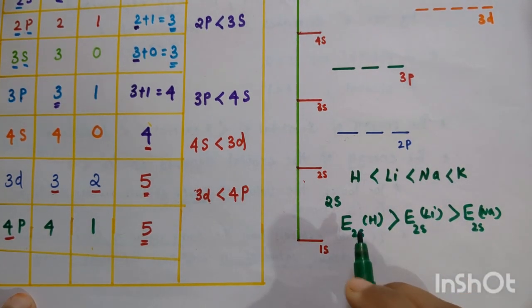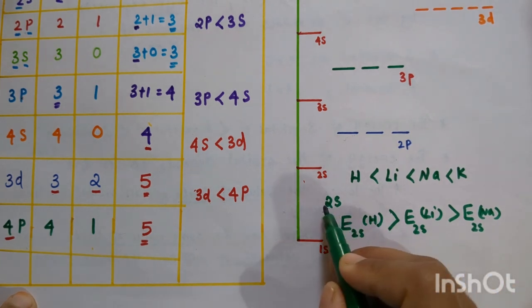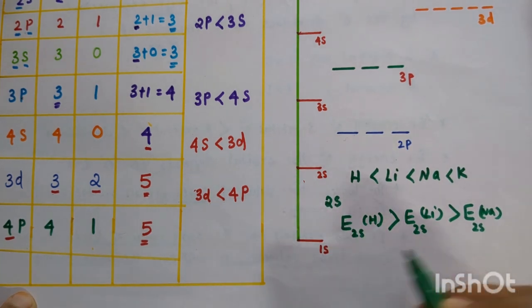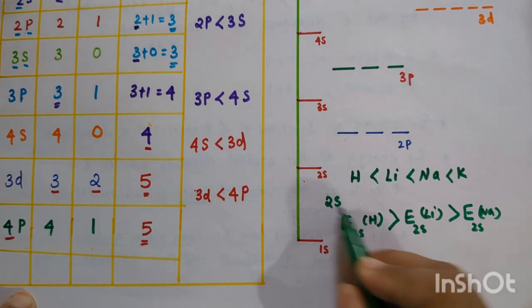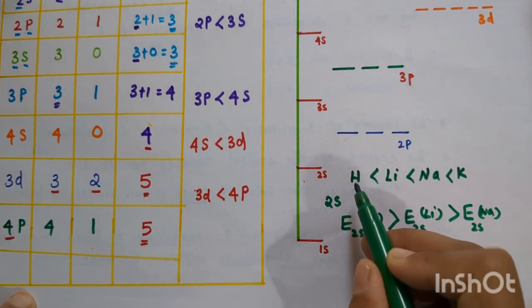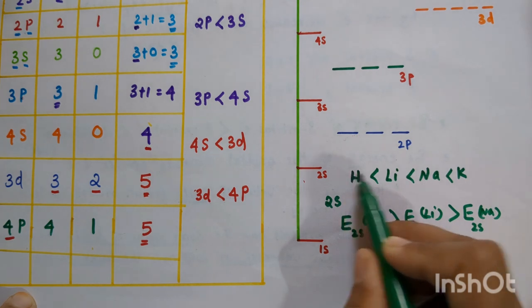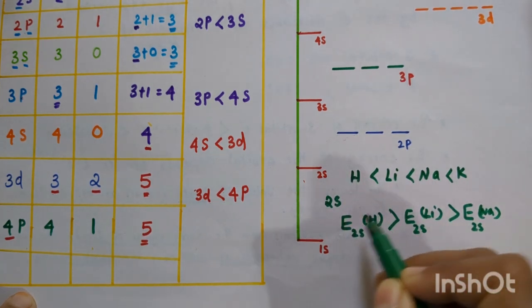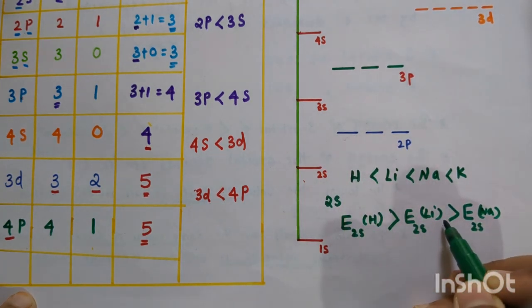Why? Because when the atomic number decreases, energy increases. All are for the same subshell. Okay, 2s. We are considering the 2s subshell for all these 4 atoms. So here for hydrogen atom, its atomic number is the least among these 4. So its energy will be the most among these 4. Okay.